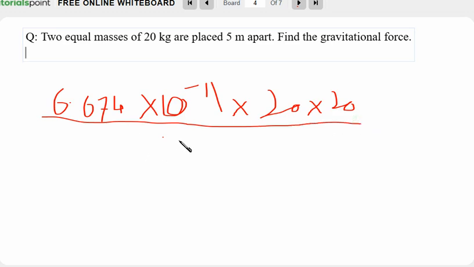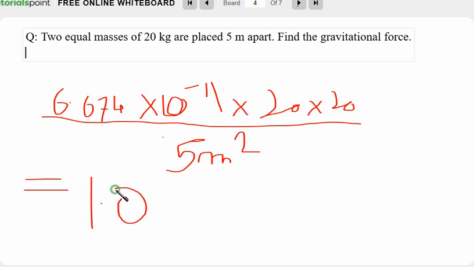And if the distance is 5 meters, the distance required is 5 meters square, or 5 square, which is 25. So the answer is 6.674 into 10 to the power minus 11 into 400, divided by 25.